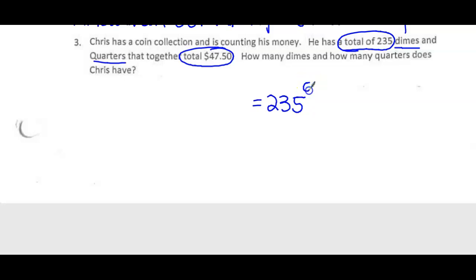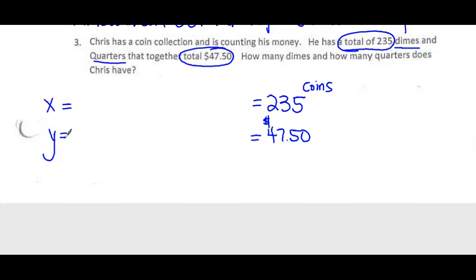Those are the coins. I'll put a little note here. You don't have to put notes though. And $47.50 is the money. So they gave us two totals. The question says, how many dimes and how many quarters does Chris have? So we need to define our variables, X and Y.